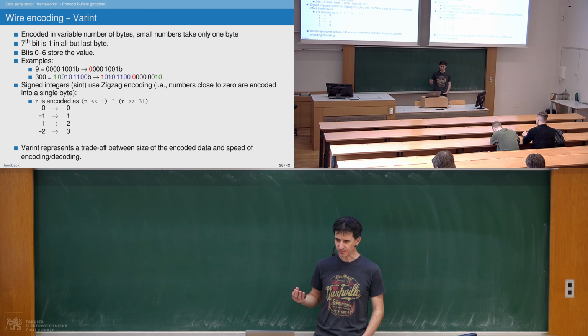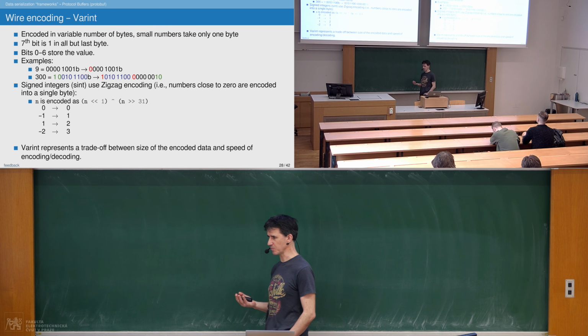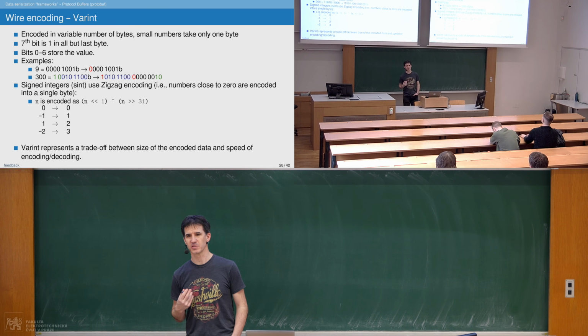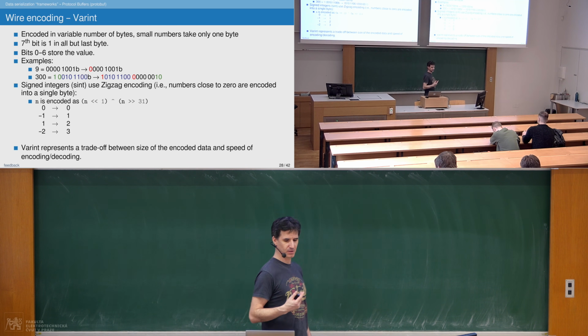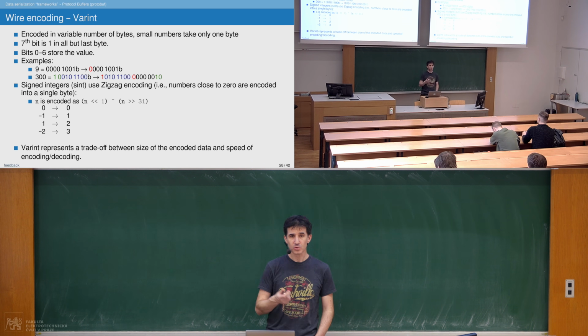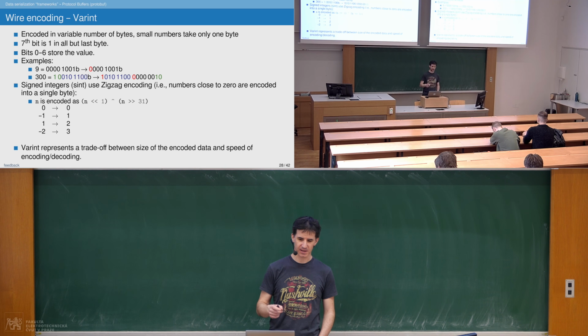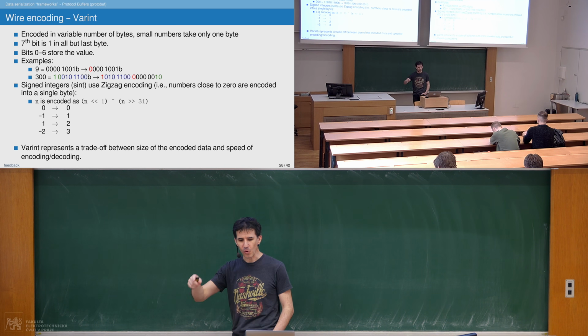Now, how to encode negative numbers? If you know how negative numbers are represented in computer memory, typically it's 2's complement, meaning that -1 is encoded as FFFF, or all ones.